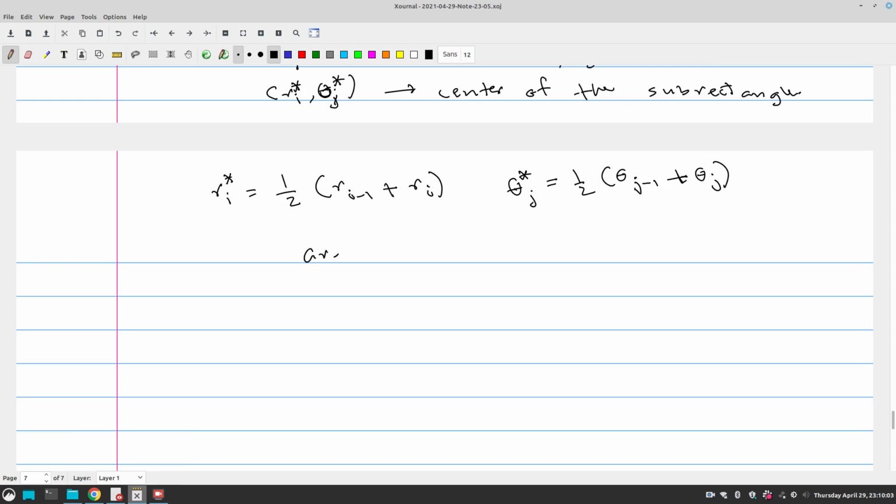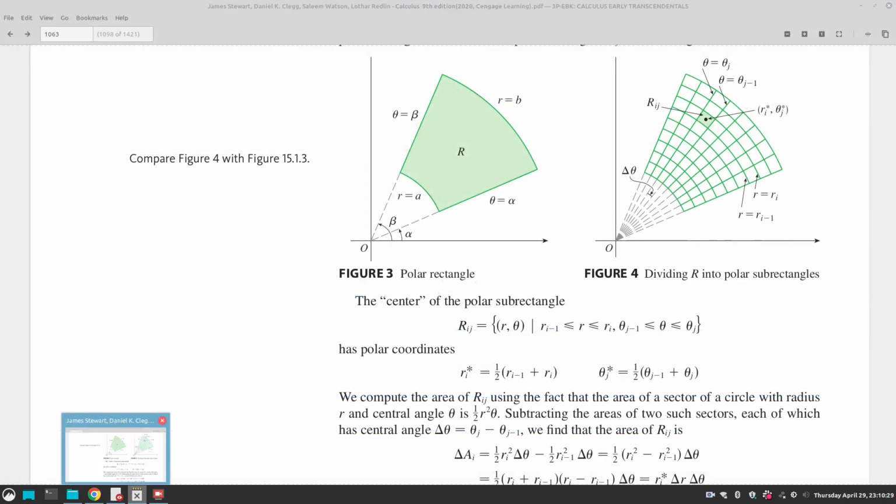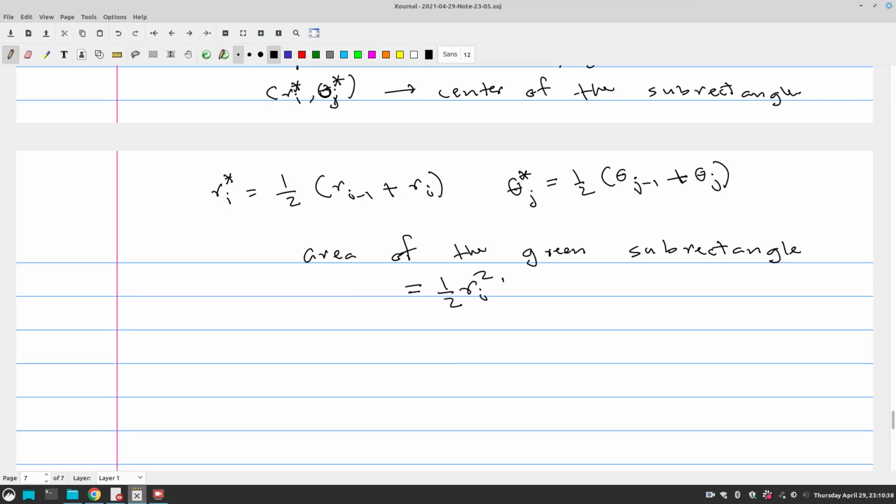So the area of the green subrectangle equals half r_i squared delta theta, where delta theta is theta_j minus theta_{j-1}, minus half r_{i-1} squared delta theta.